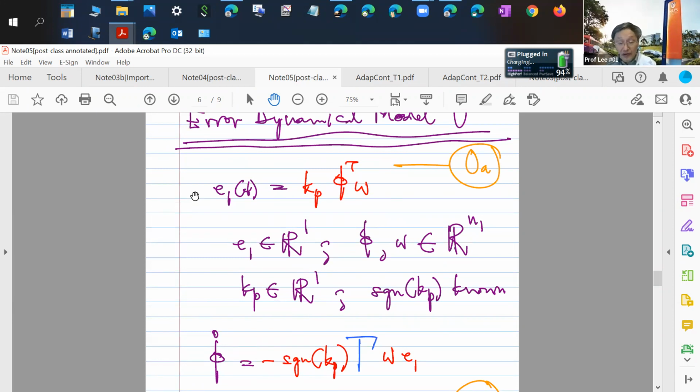But even in this very simple one, some fundamental things are already here. Following the analysis carefully, taking the square integral of E1 squared, you will see E1 tends to 0, because from function spaces, L2 spaces, L infinity spaces, E1 will go to 0.